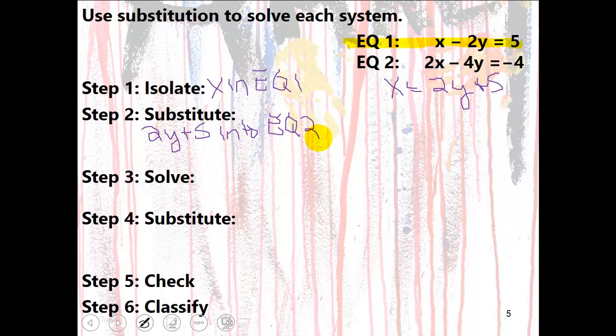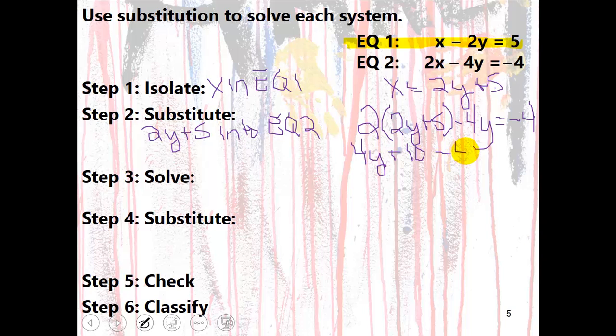And when I do that, everywhere there's an x, I'm going to plug in 2y plus 5. So I'm going to write 2 times (2y plus 5) minus 4y equals negative 4. I'm going to distribute. That gives me 4y plus 10 minus 4y is equal to negative 4.